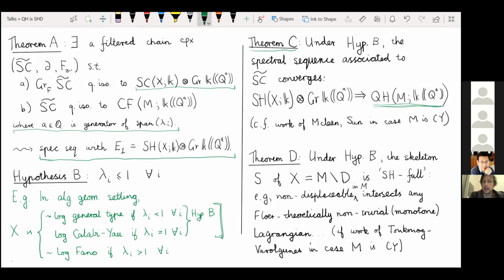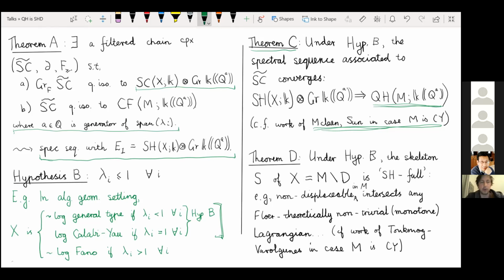And as promised, virtually the same result is proved in the case that M is Calabi-Yau by McLean and Sun, Yuhan Sun. It's a bit different.